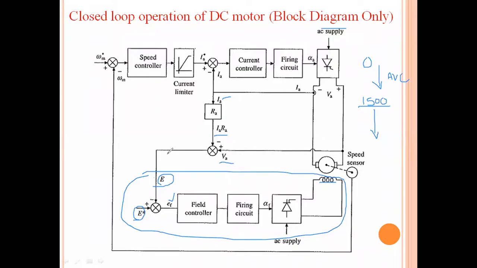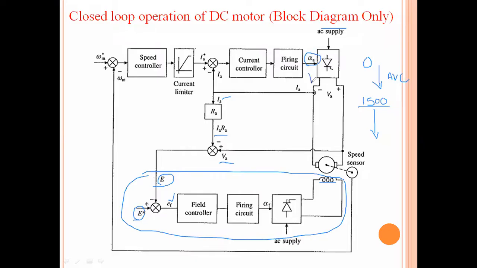So the IA value will be more, and the actual back EMF will be affected. The firing angle of the armature rectifier, alpha A, is reduced initially to increase the EA. So this firing angle of the armature controller will be reduced.